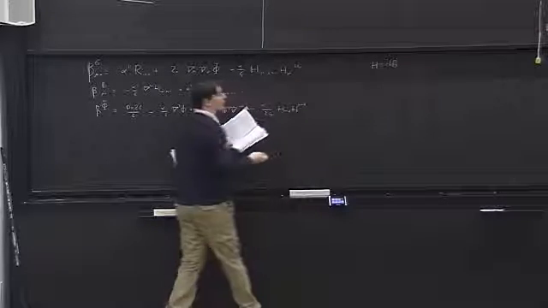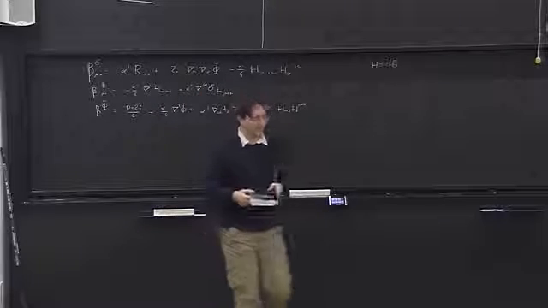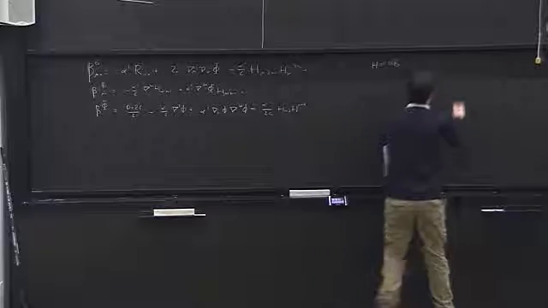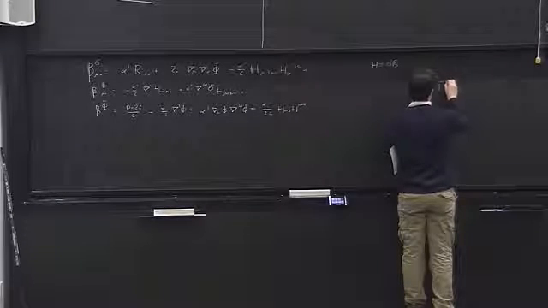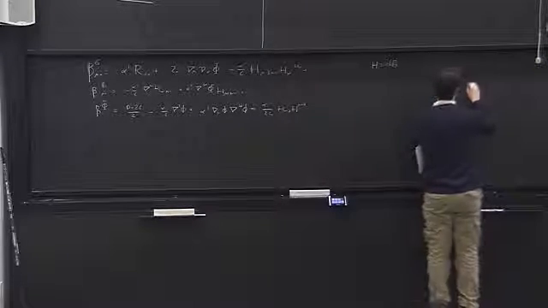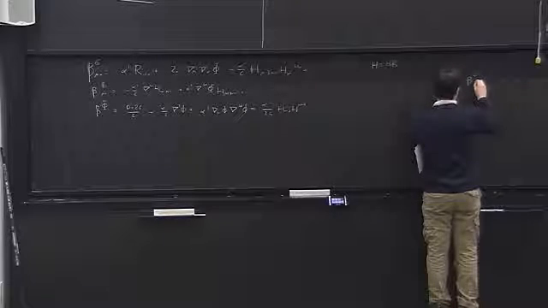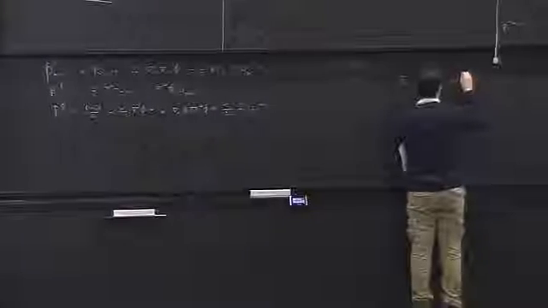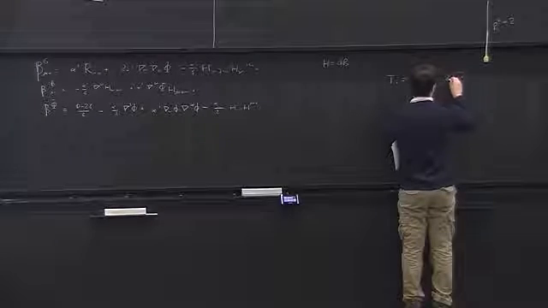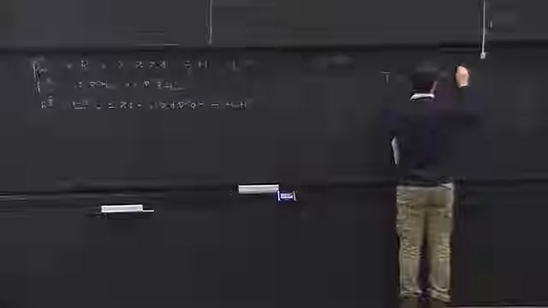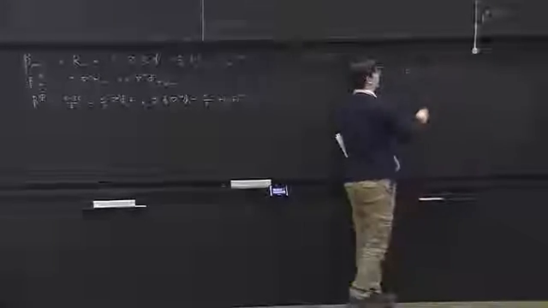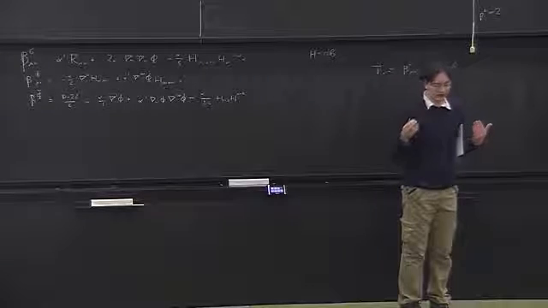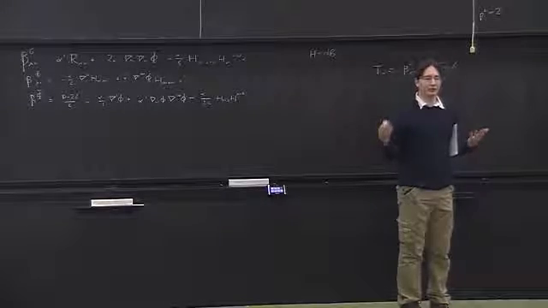You usually find this sort of expression in the textbook. What do they mean? The trace of the stress tensor is proportional to all the marginal and relevant operators of your theory.